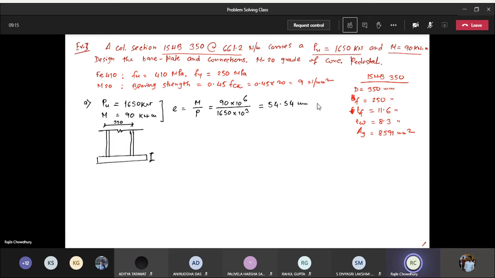Then I'll be providing another figure over here. Let me just, what is the ground pressure or the base pressure?